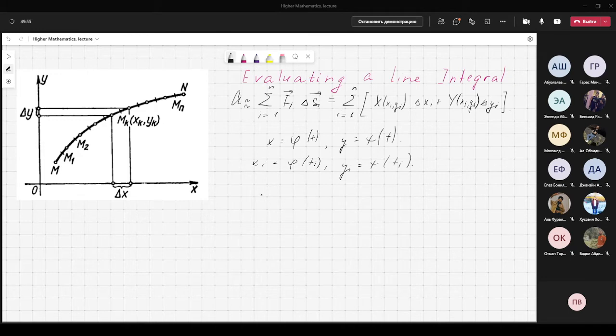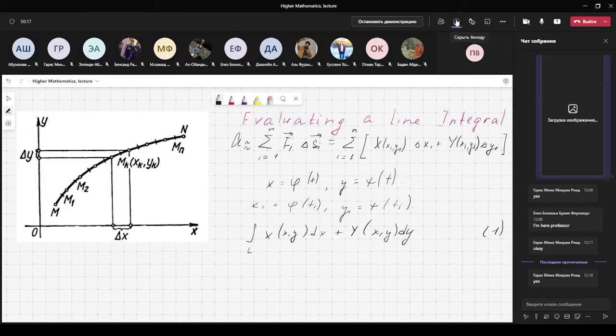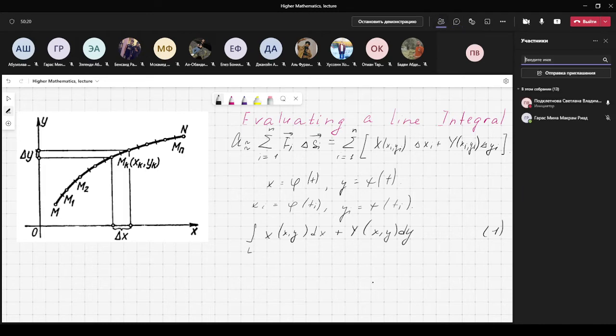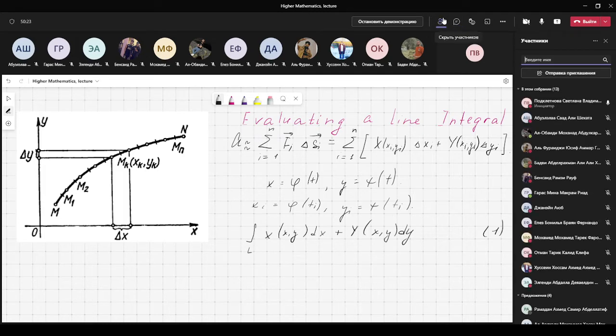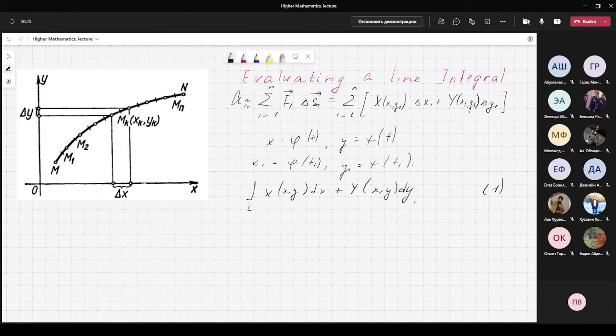Consider the line integral over L of X(x, y) dx plus Y(x, y) dy, formula 1, defined in the preceding section.